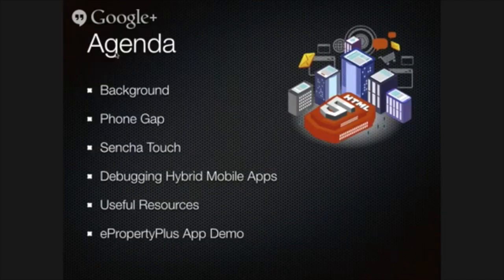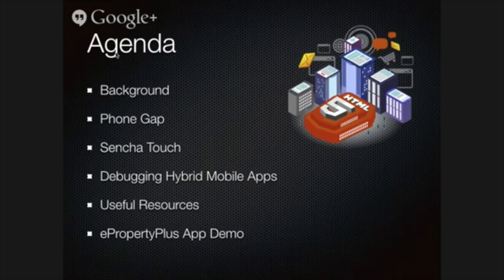So, quick agenda. We talked a little bit about the background. I'm going to go over PhoneGap first and kind of show you how to create a quick hello world kind of a project, kind of show you what's going on there, how that framework works. Then we'll talk about Sencha Touch, the actual, again, framework that enables the presentation, the UI, the mobile app itself.